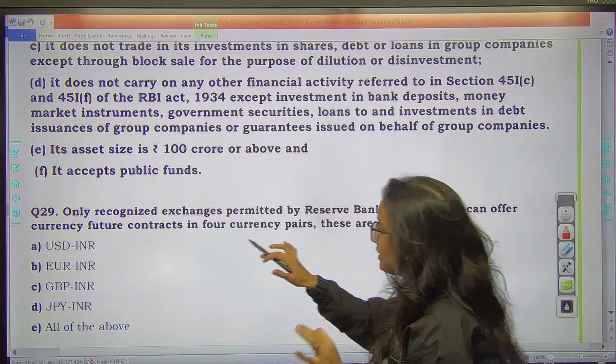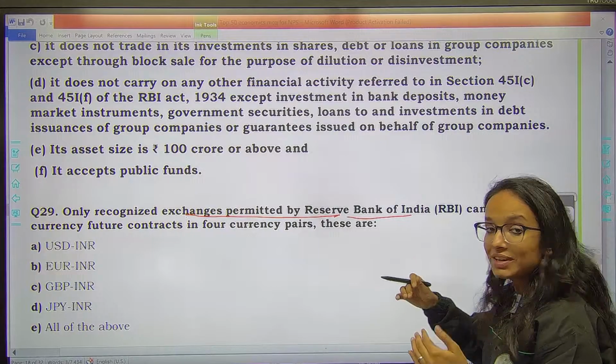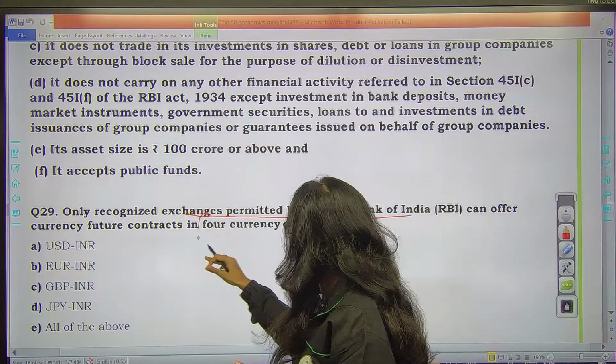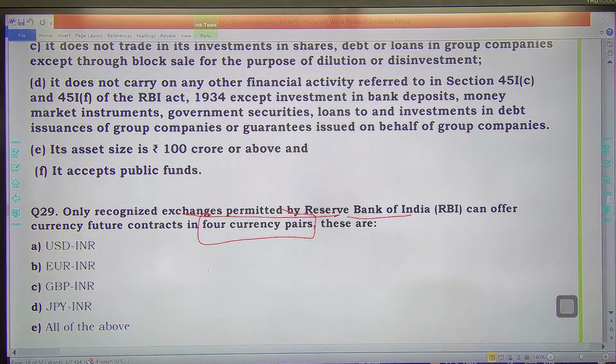Only recognized exchanges permitted by RBI can offer currency future contracts in 4 currency pairs. Which are the 4 currency pairs in which future contracts can be offered as per RBI?